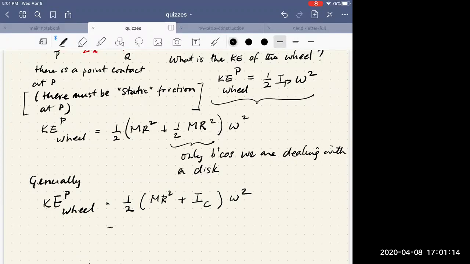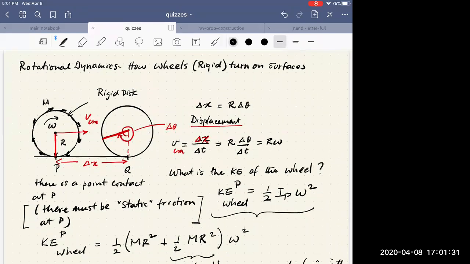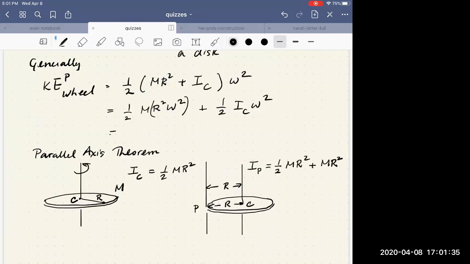So therefore I have 1/2 m times r squared omega squared plus 1/2 I about the center times omega squared. Now, if you recall, this r squared omega squared is nothing but the center of mass velocity squared. And so this turns out to be 1/2 times mass times v center of mass squared plus 1/2 times I about the center times omega squared.